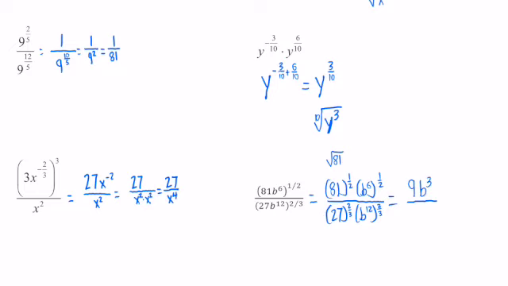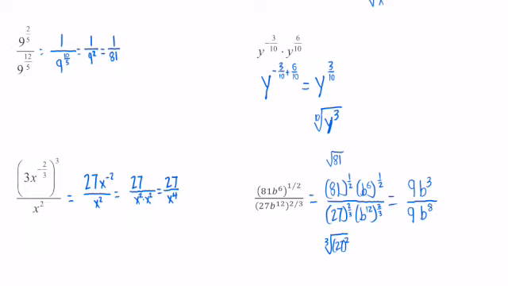For 27 raised to the 2/3, we would have the cube root of 27 squared. 27 squared is 729. The cube root of 729 is 9. For b to the 12th raised to the 2/3, multiply the outside exponent by the inside exponent. 2/3 times 12 gives us b raised to the 8th.